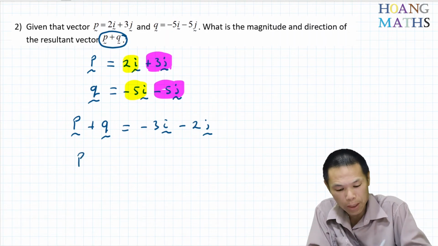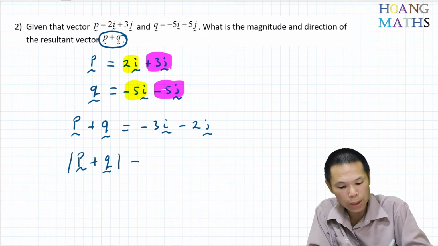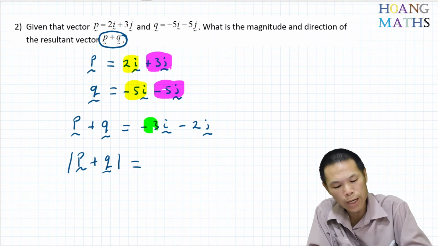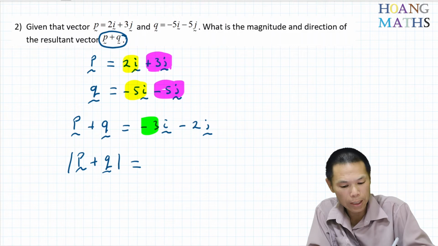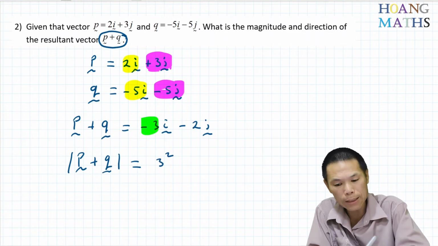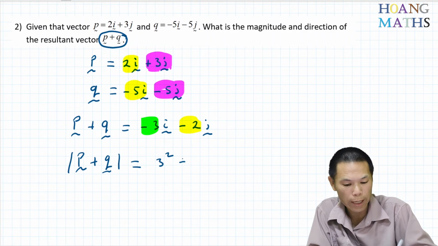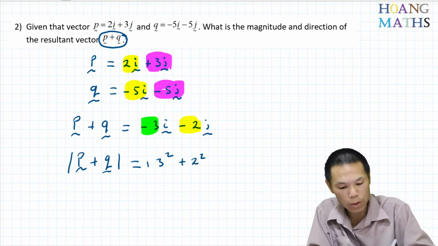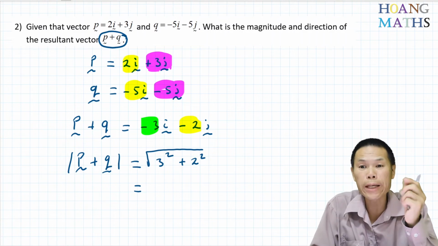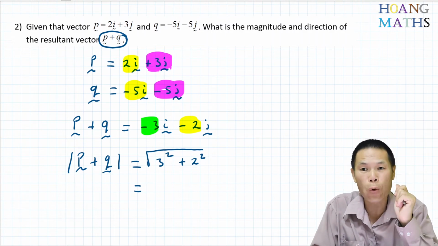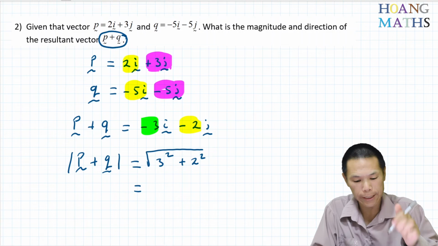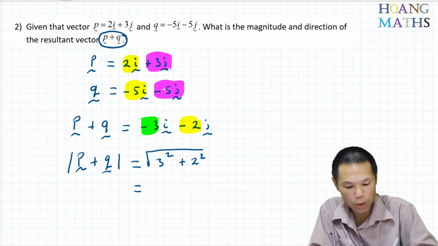So the magnitude of P plus Q is equal to negative 3 squared, that is 3 squared, plus negative 2 squared, which is the same as 2 squared, and then we square root that. So 3 squared is 9, 2 squared is 4, so 9 plus 4 is 13. So the answer is square root of 13.